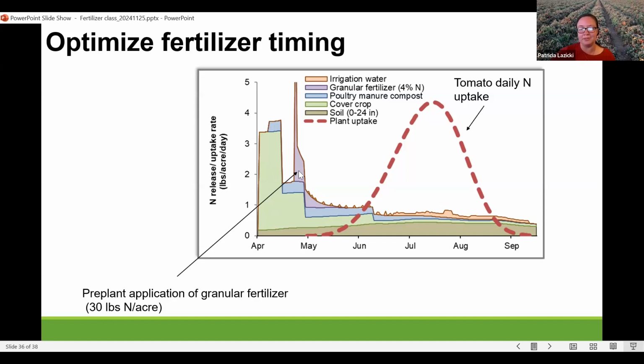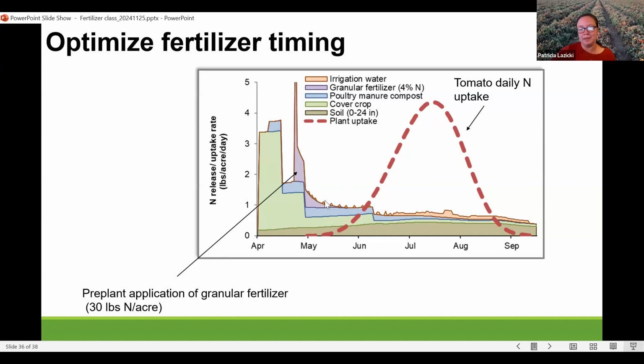This funny looking purple spike is a pre-plant granular fertilizer application, and why it's a spike is because this is the daily release rate. And remember, quite a lot is immediately available, and then the rest is being released over a couple of weeks. But for a tomato crop, they're really not taking up much nitrogen for the first month or so.